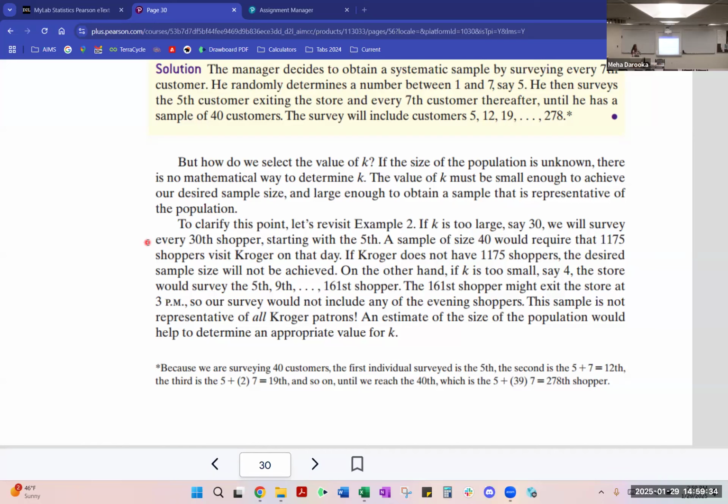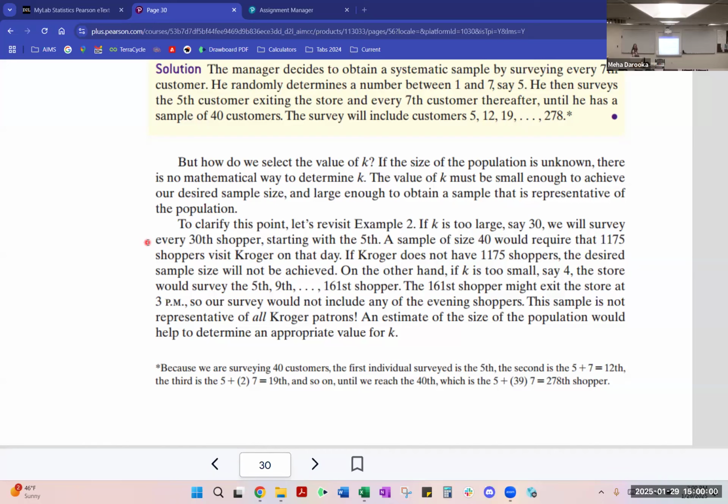So again, looking at that bottom paragraph here, looking back at that Kroger example, if K is too large, let's say 30, that means you would be surveying every 30th customer who is exiting the store. So you're starting out at 5, and then you're talking to every 30th person after that. A sample of 40 would require 1,175 shoppers to visit Kroger on that day.